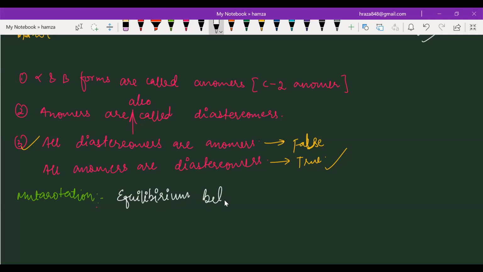Equilibrium between alpha and beta forms is called mutarotation.